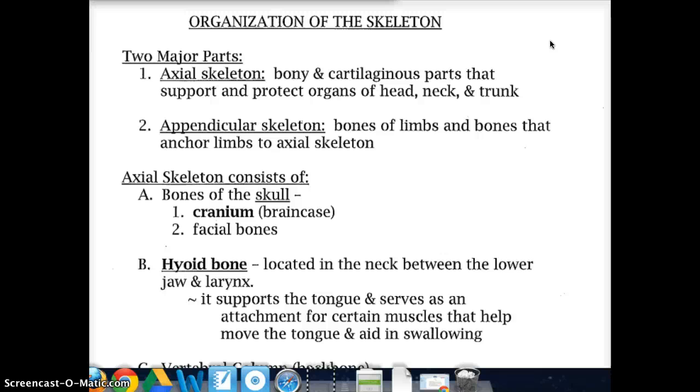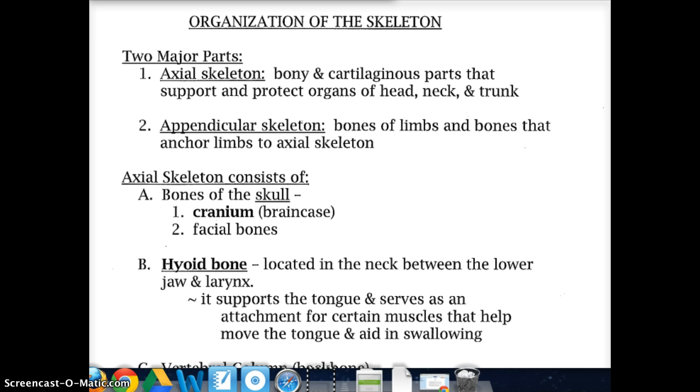Now attached to that would be the appendicular skeleton. The appendicular skeleton would include the bones of the limbs and bones that anchor those limbs to the axial skeleton. So it's not just the arms and legs, but it's also your pelvic girdle and your pectoral girdle. So two major parts when we start looking at the skeleton.